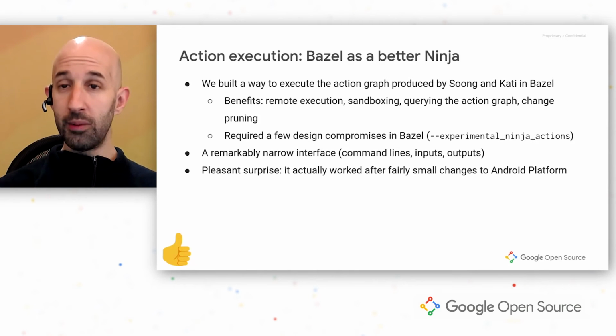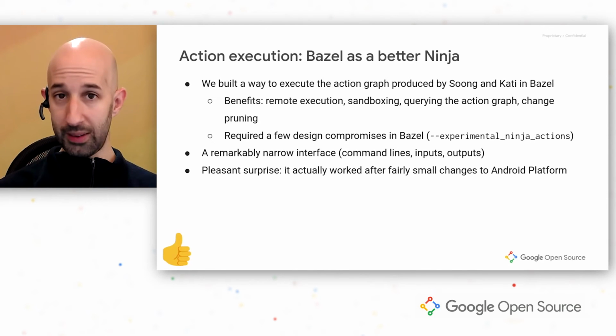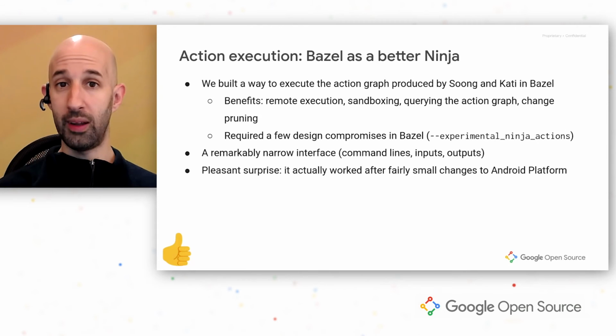And it actually worked while requiring only very small changes to handle platform, mostly to specify a missing input or output here and there. This is not default yet, but I'm very confident that Bazel can actually work as an action executor, and it provides a bunch of benefits already.